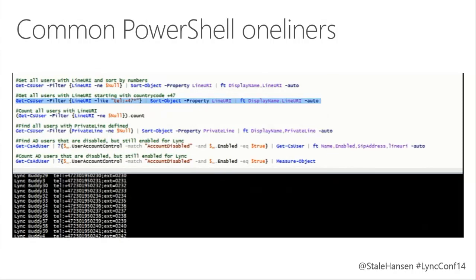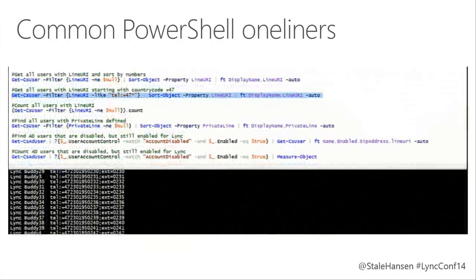If you didn't use filter and used Where-Object instead, you need to get all the users in your deployment, which could be a lot, and then pipe that into Where-Object to find the ones with the line URI. So the sooner you filter the correct view, the less load it will be on the server.